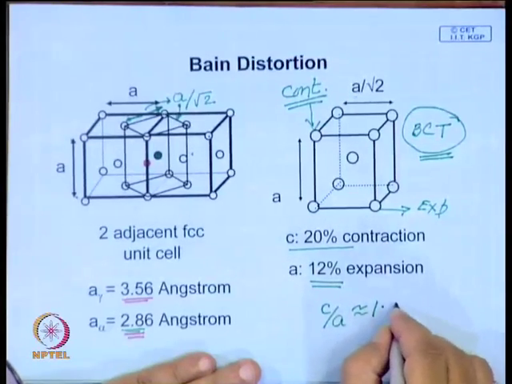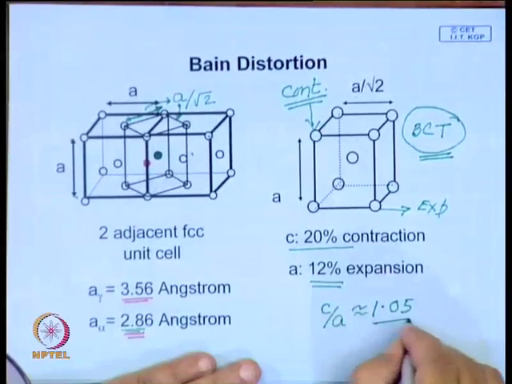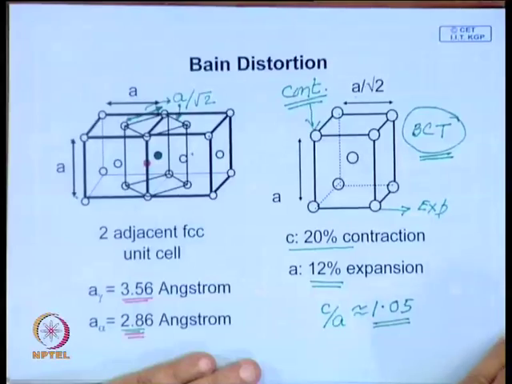Depending on carbon content, it can be 1.05 or around 1, which is very nearly a BCC structure.